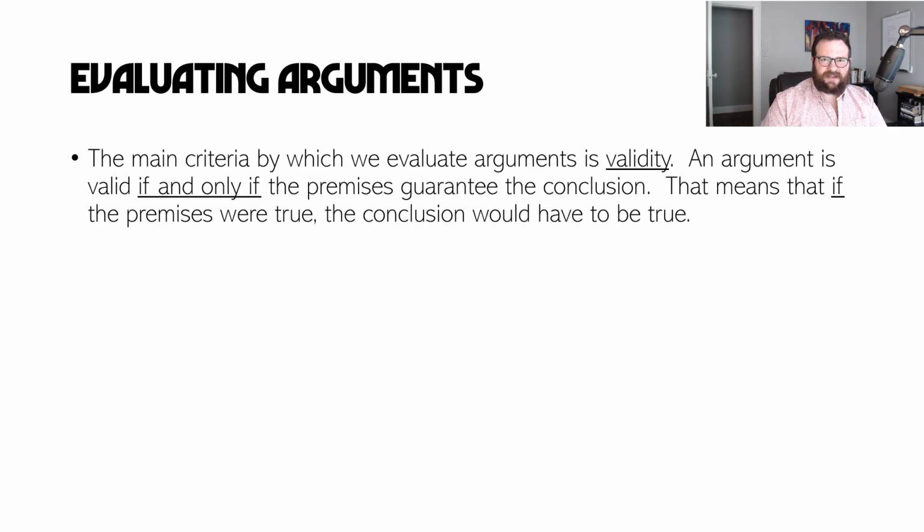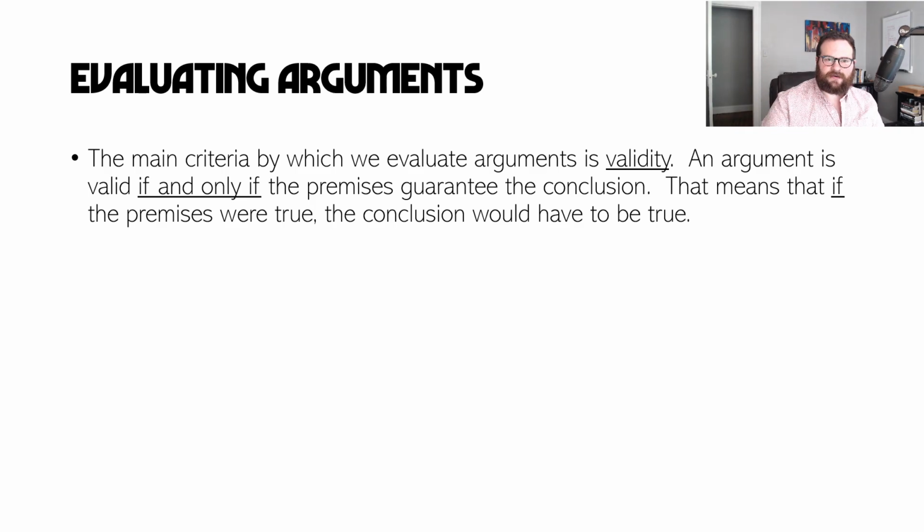Validity is a way of relating the premises to the conclusion. It's just about the structure. It's not about what the different sentences in the argument say. It doesn't really matter at all what those sentences say, so long as they hang together in the right way.